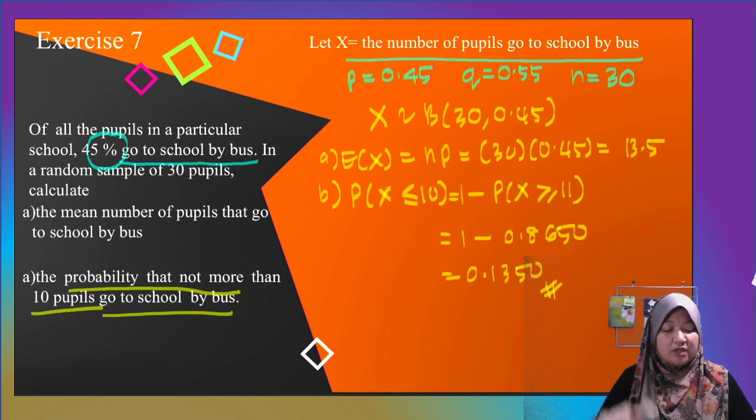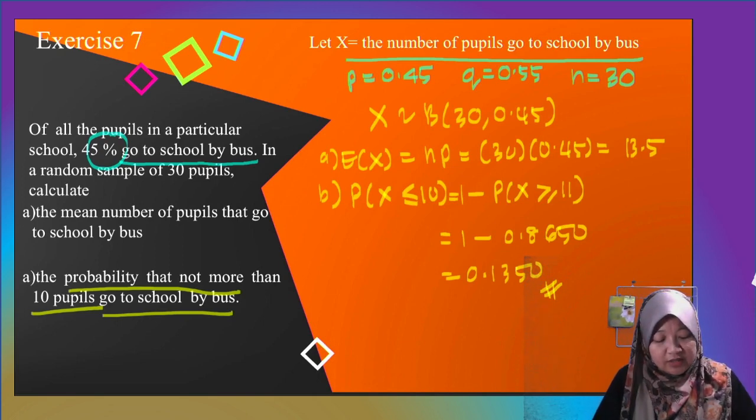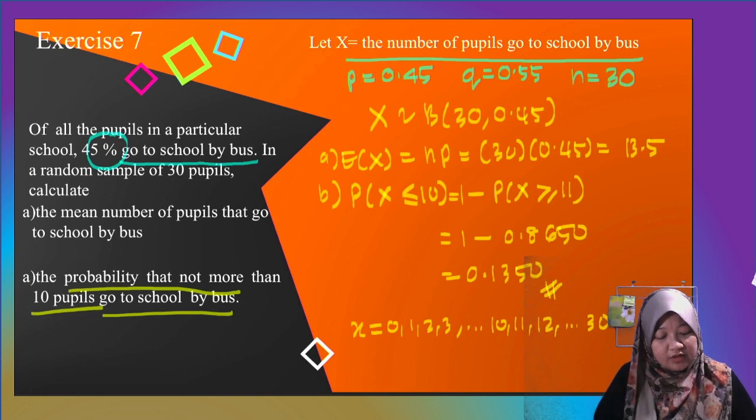Okay, macam mana boleh tahu satu tolak probability X equal to 11? So, kita tahu ini adalah discrete. So, 0, 1, 2, 3 until 10, 11, 12 until 30. So, dia nak apa? X less than or equal to 10. So, ke bawah.